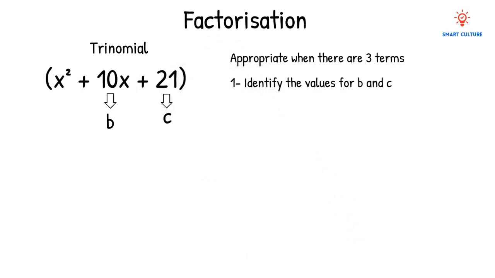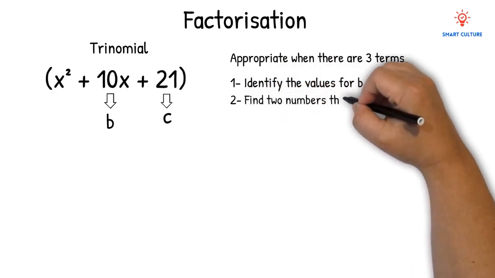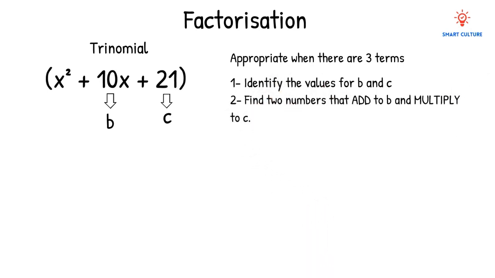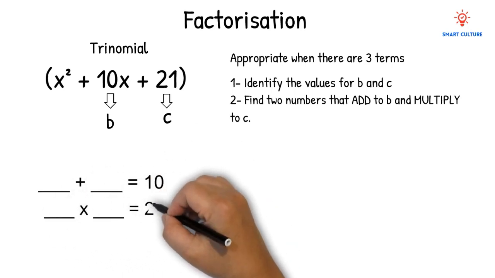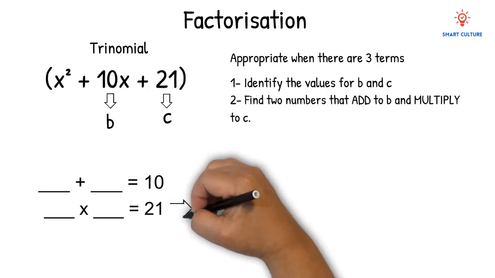Now for step 2. In step 2, we need to find two numbers that add to the value of b, and if we multiply those two same numbers should give us the value of c. So in other words, we're going to have a number plus a number equaling 10, and the same two numbers multiplied by each other should give us 21.